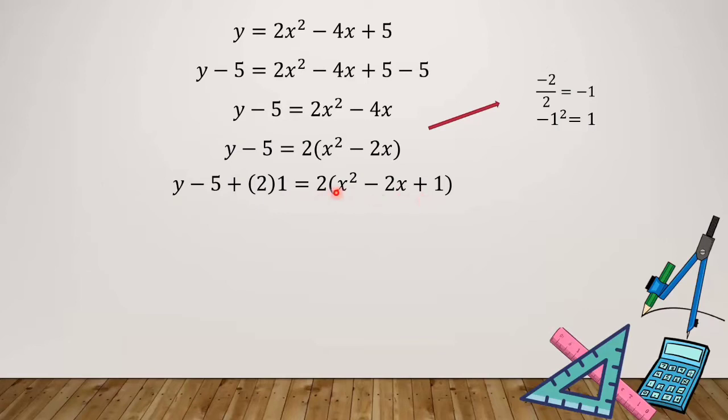So, dapat mag-multiply din tayo to the other side to make it balance. Then, 2 times 1 is equal to positive 2. So, it will become y minus 5 plus 2 is equal to 2 multiplied by x squared minus 2x plus 1. So, as you can see, x squared minus 2x plus 1 is a perfect square trinomial.